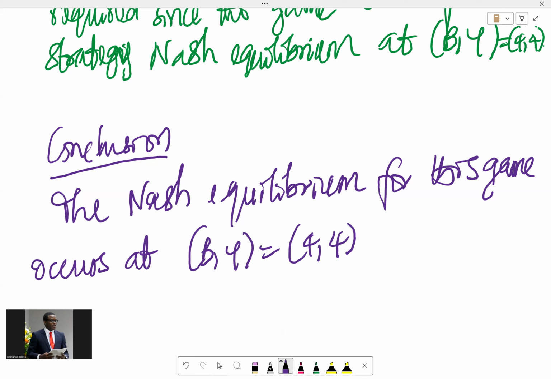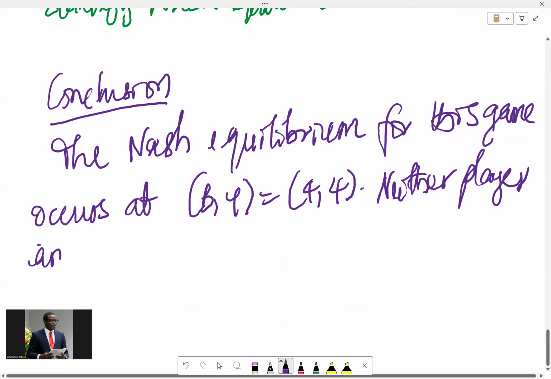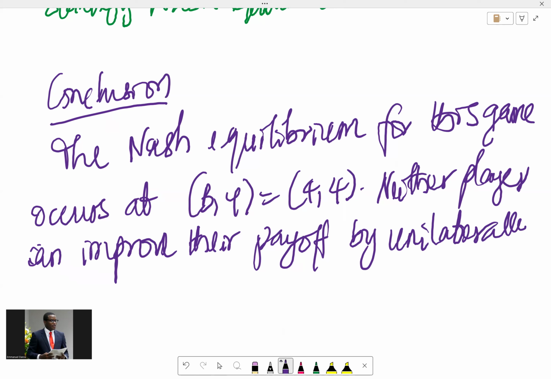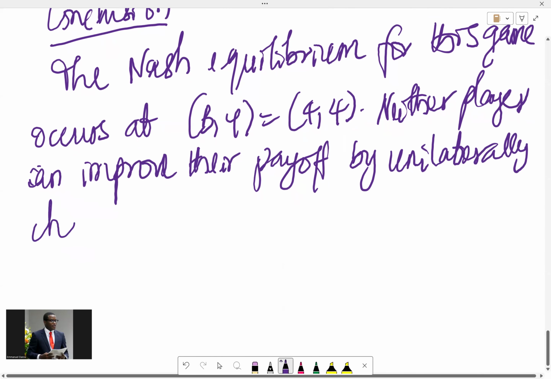All right. Okay. So at this point, neither player can improve their payoff by unilaterally changing their strategy.